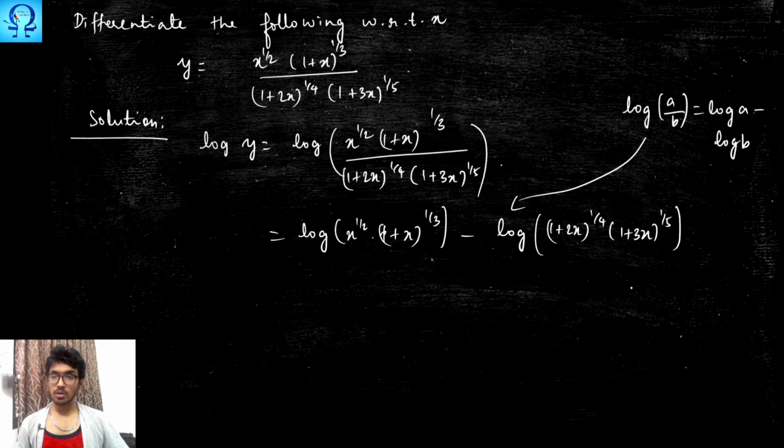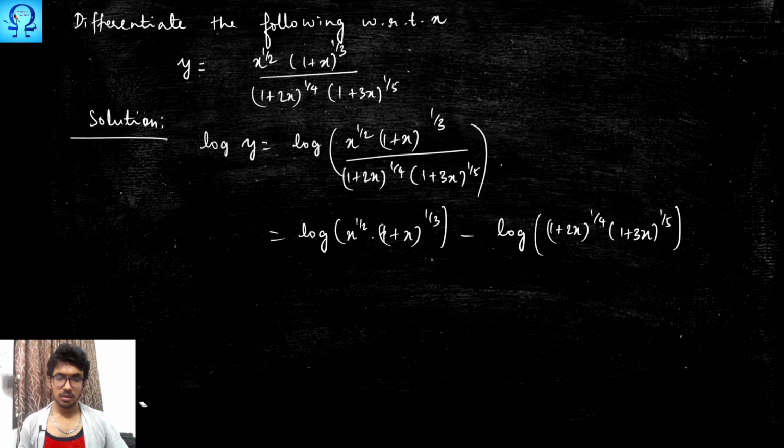Next, what are we going to do? We will make use of, okay, let me write these laws in different colors so that you can understand things in a better way. Let me write log of a upon b is log a minus log b. Then what are we going to make use of?